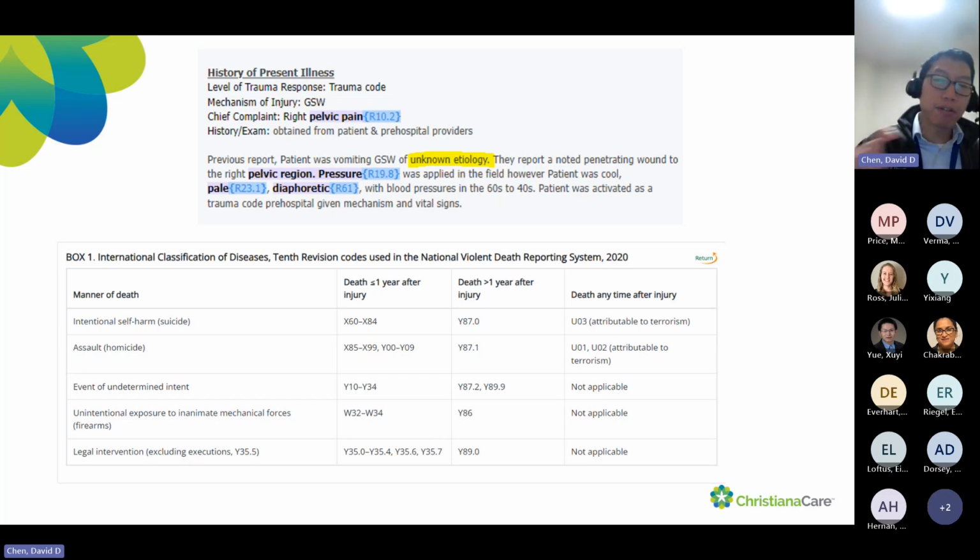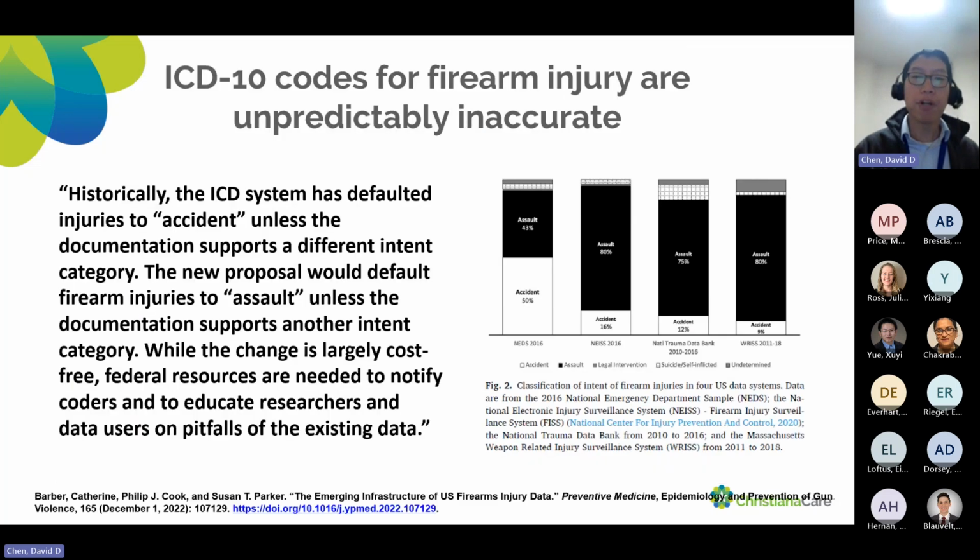And again, these criteria more strictly apply to death data, but if the person doesn't die, then it is more ambiguous. Part of the consequence of this is that we see it reflected in databases.